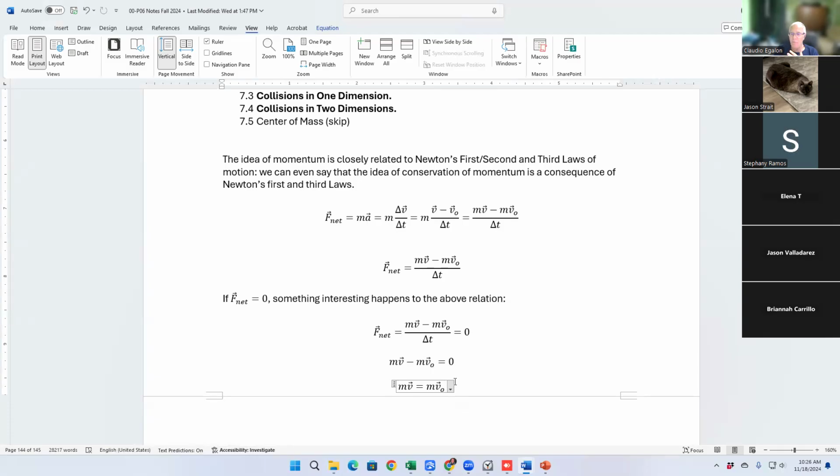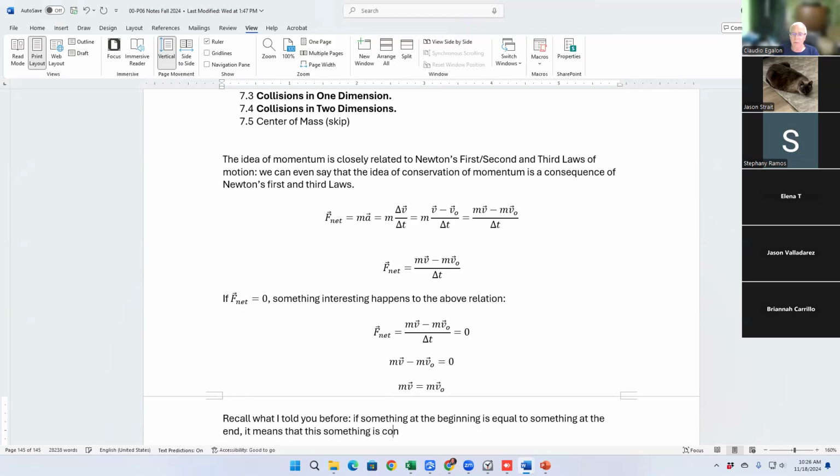That's the very idea of conservation of momentum, of conservation of anything. Recall what I told you before: if something at the beginning is equal to something at the end, it means that this something is conserved.